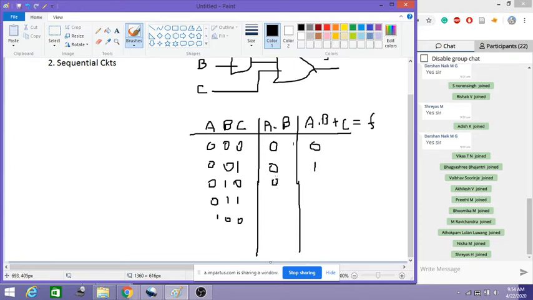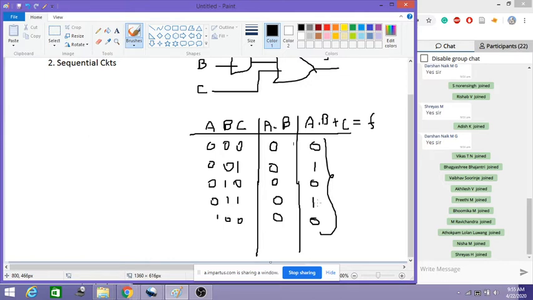Here I'll get 0, here 0. Here I'll get 0 and here the output as 1. So if all the inputs are 0, I'll get 0. If the C input is 1, I'm getting 1. When B and C are 1, I'm getting 1 here.